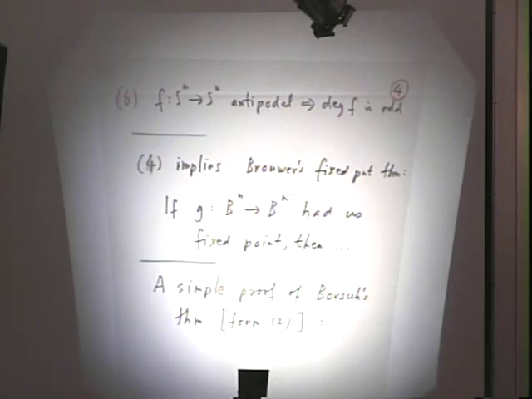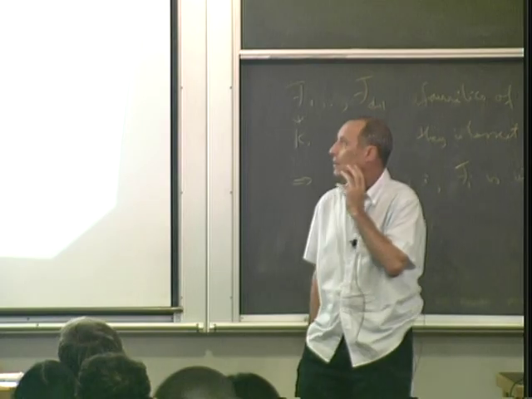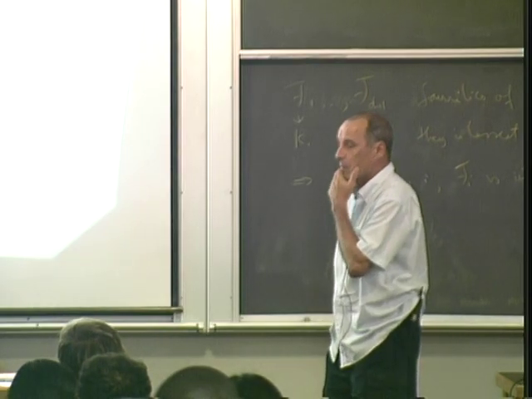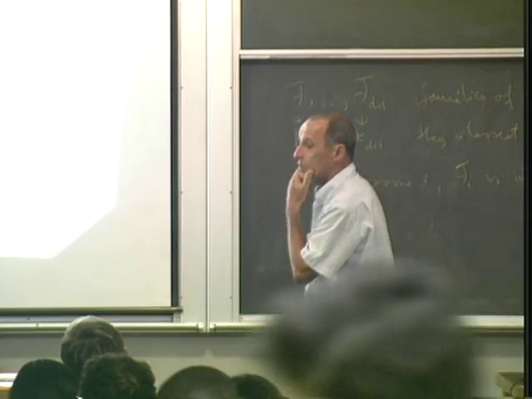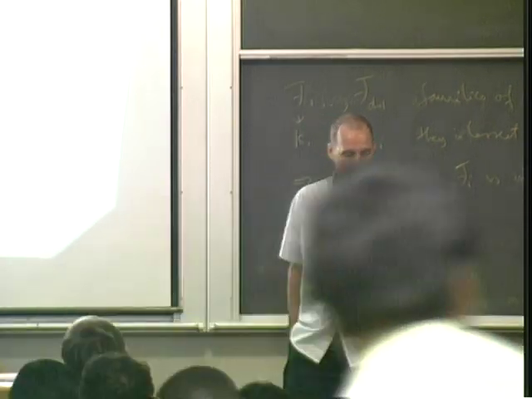So here I don't say anymore that a mapping is continuous. Every mapping is continuous from now onwards. Pardon me? What's the degree? What's the degree of a mapping? Good question.